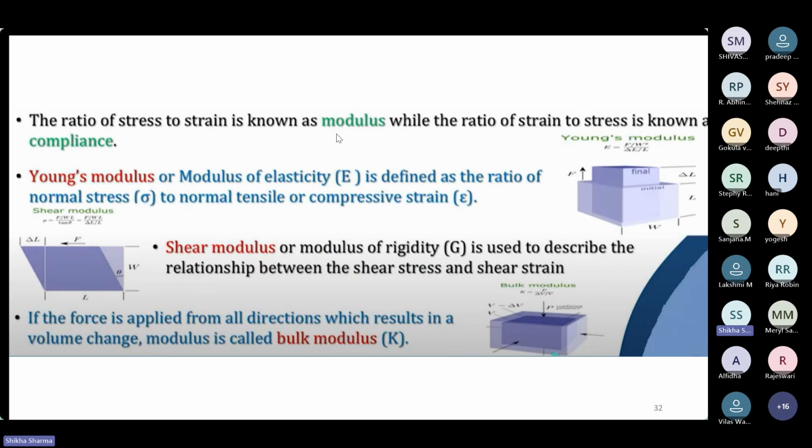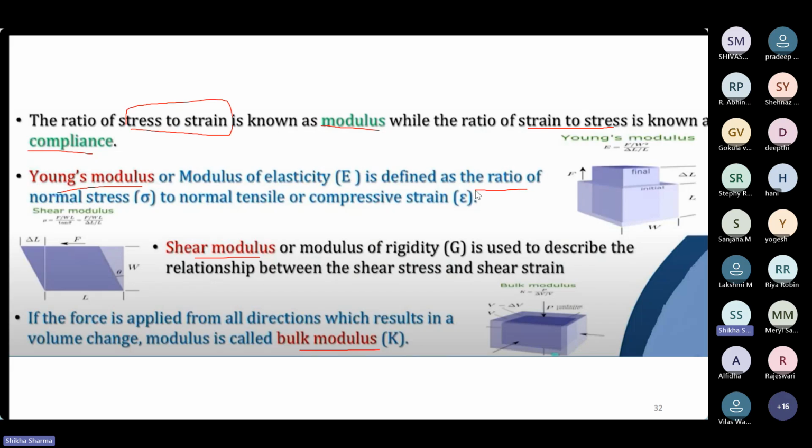When we apply Hooke's law, we have different terms, also modulus. The stress to strain ratio we know as the modulus. If we reverse it, the strain to stress ratio, that is compliance. Modulus can be Young's modulus, shear modulus, or bulk modulus, three types of modulus. Young's modulus is also known as the modulus of elasticity.